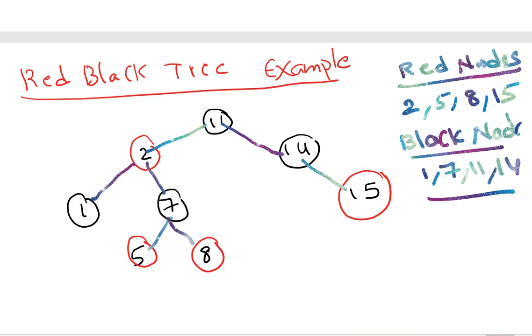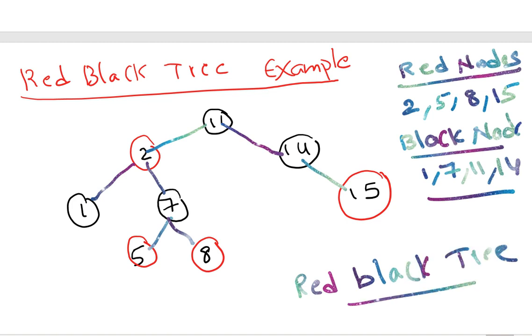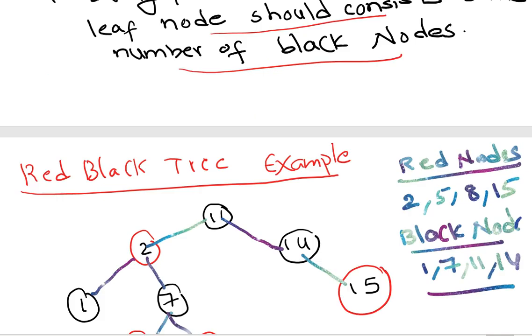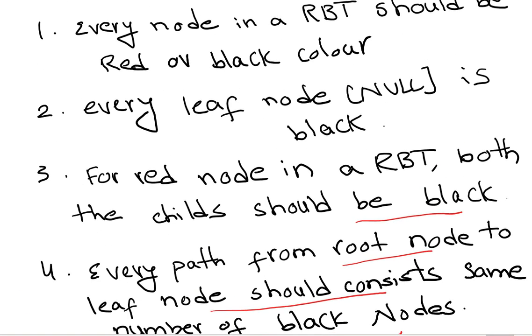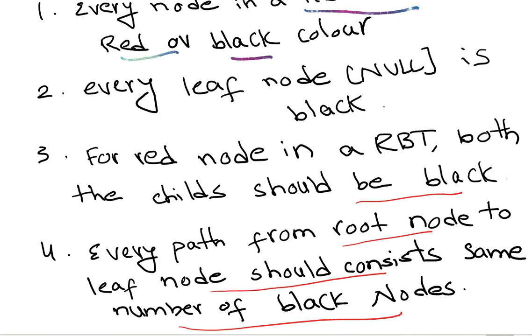Now you cross-check the properties, each and every property. This is the example of a red-black tree. What is the first property? Every node in a red-black tree should be red or black.